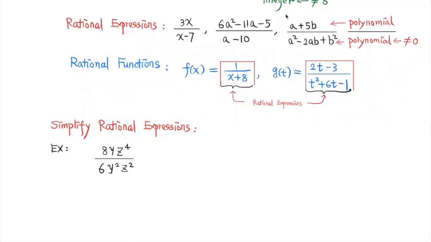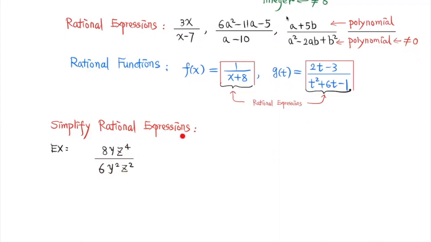Look at this first example. 8yz⁴ divided by 6y²z². This is a rational expression because 8yz⁴ is a polynomial in y and z, and the denominator is also a polynomial in y and z.